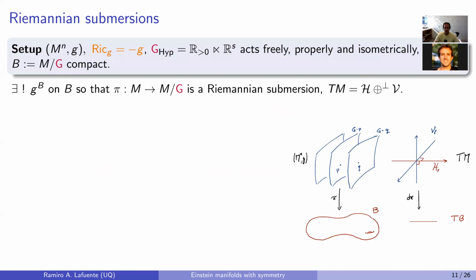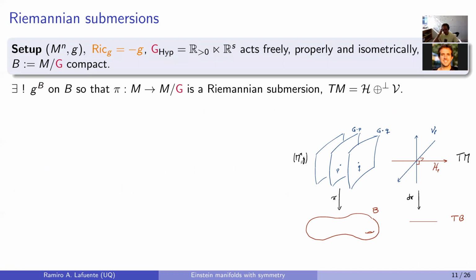All right, so the setup that will be important for the proof of the theorem is that of Riemannian submersions. Again, we have an Einstein manifold, which is invariant under an isometric and free action of this group G hyperbolic with compact orbit space.